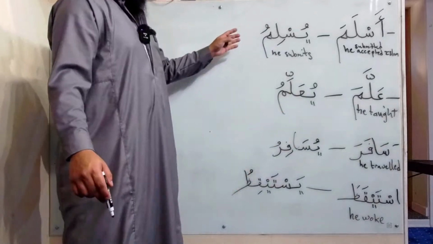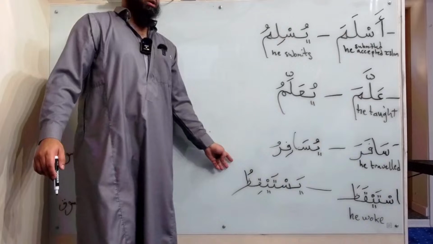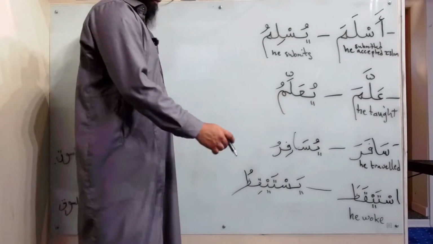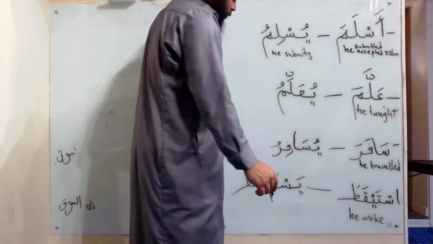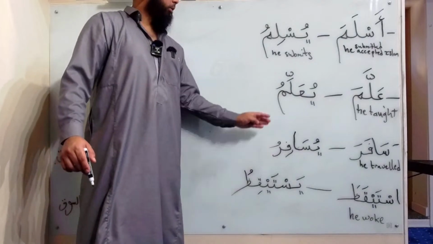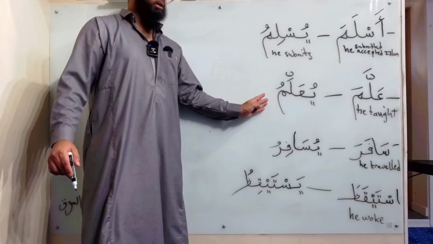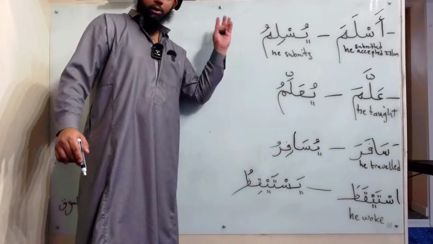But remember two things. Remember the default, you don't see vowels, so leaving out the vowel in the writing doesn't affect the word in any way. And the second thing is that when you're speaking or reading, you stop on the last vowel. So if I say yuslim, it's the same as yuslimu. Yu'allim is the same as yu'allimu. Yusafir is the same as yusafiru in this context.